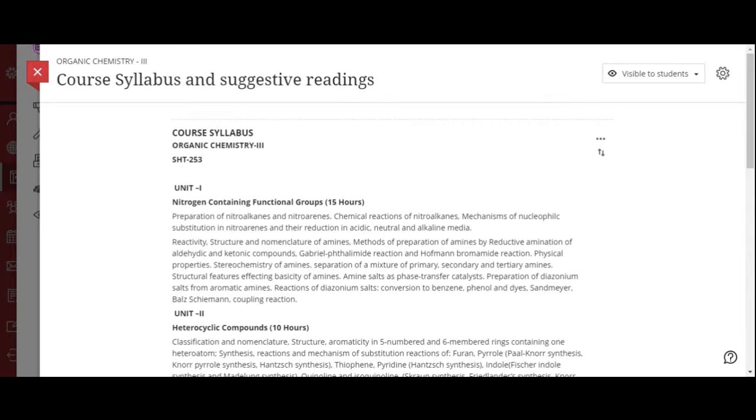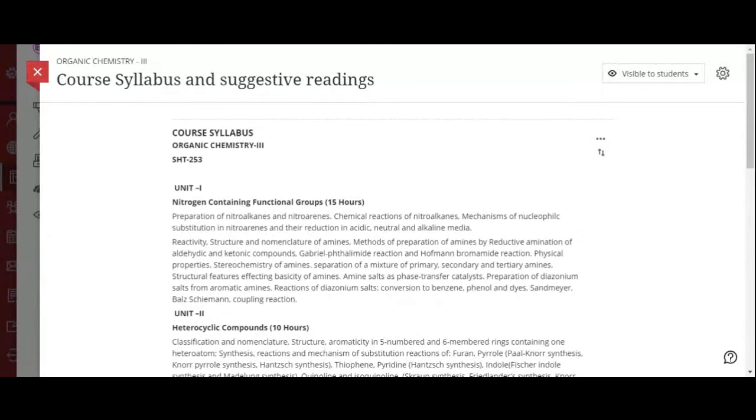Okay, when you see the content uploaded on your BBA accounts, this Unit 1 is further divided into 3 chapters, in which the first chapter is the preparation of nitroalkenes, nitroarenes and their chemical reactions.